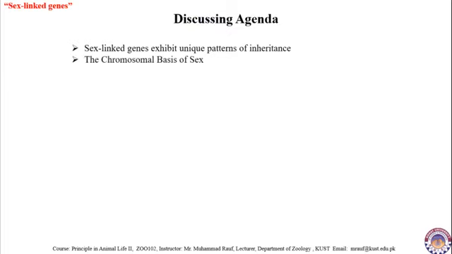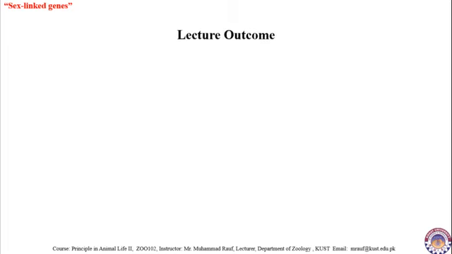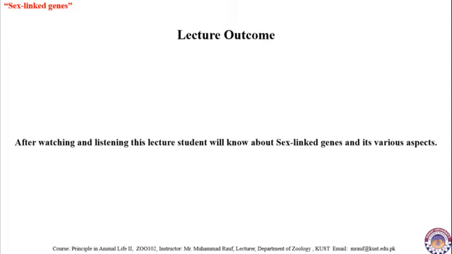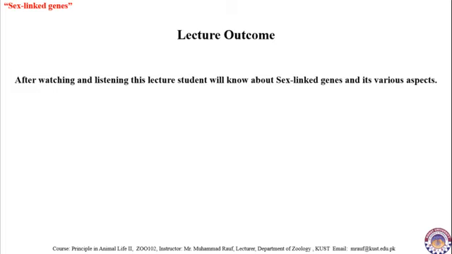The agenda for the topic will be: sex-linked genes exhibit unique patterns of inheritance, the chromosomal basis of sex, inheritance of X-linked genes, and examples. Lecture outcome: after watching and listening to this lecture, students will know about sex-linked genes and its various aspects.